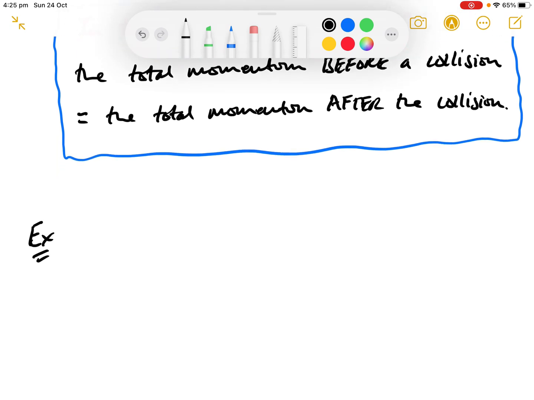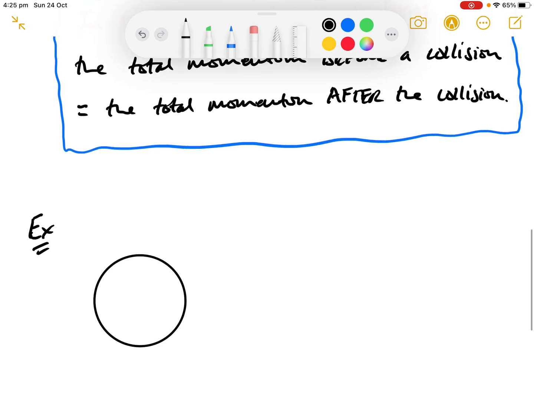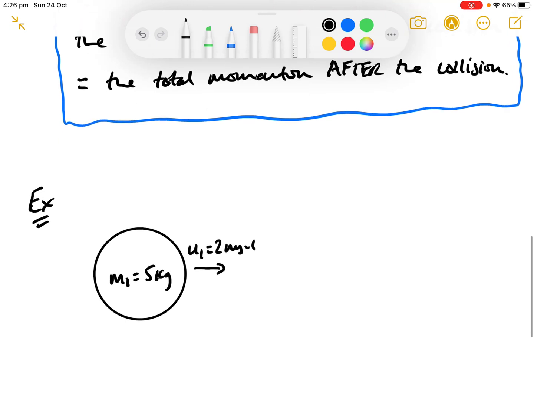Okay, so let's imagine that we have a body like this, which we'll call M1, and we'll make it 5 kilograms. And it's originally moving to the right with an initial velocity u1, which we will make 2 meters per second.